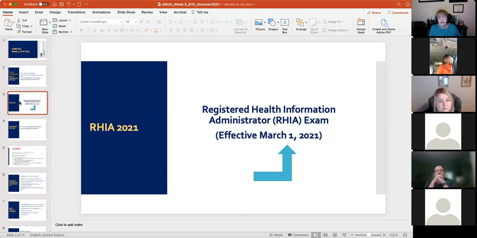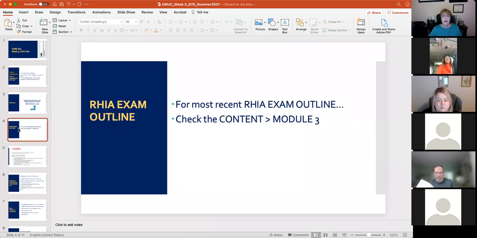There was a previous version from November 2020. Too old. You have to make sure you're using an outline from which to study that matches what is actually going to be on the test. Okay. So you have to pay attention to the little things.